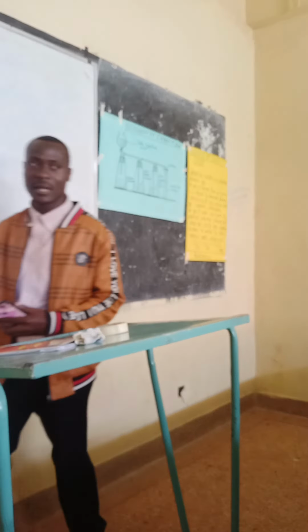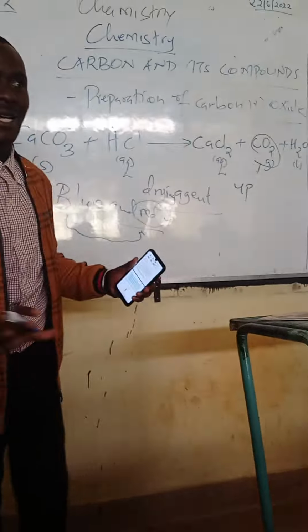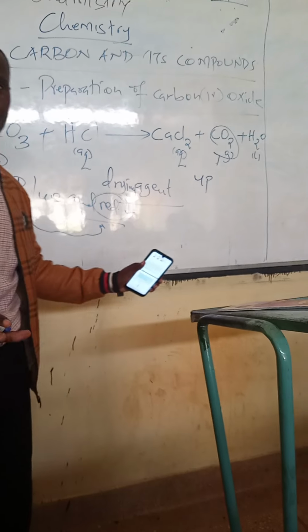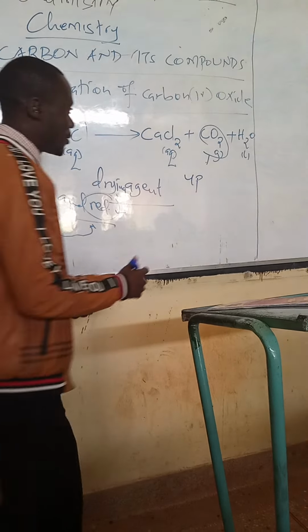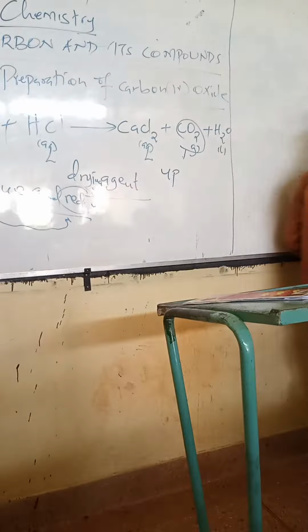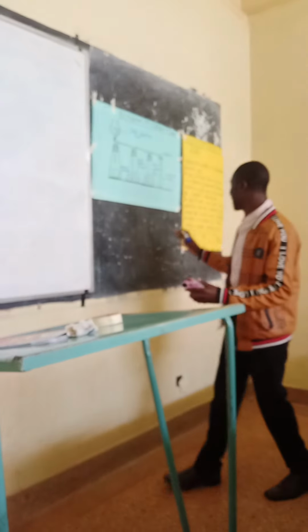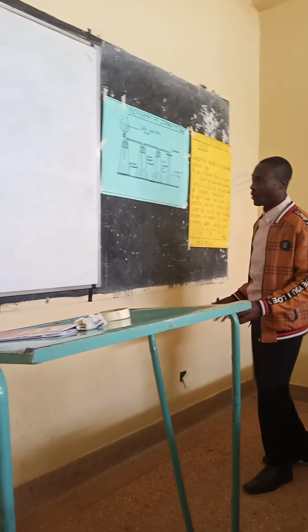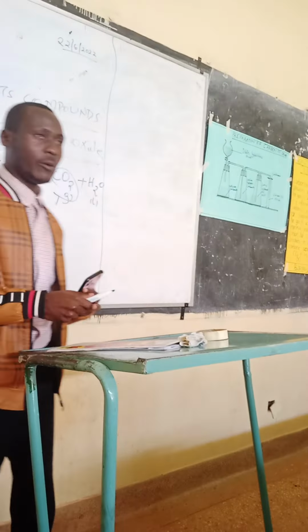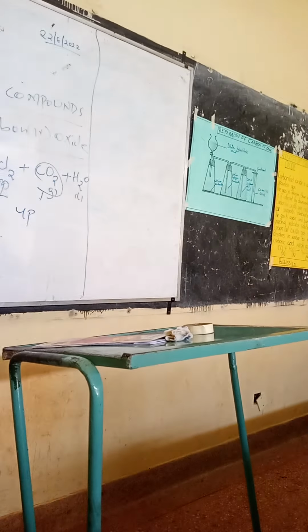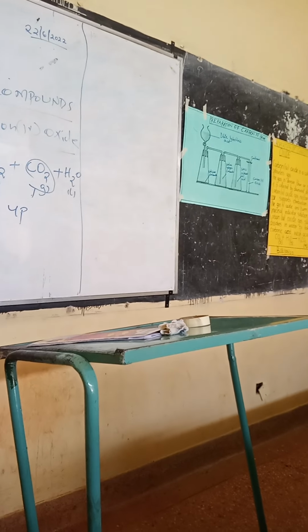Does this gas support burning? This gas neither supports burning nor combustion. So in other words, this is our carbon dioxide, because these are our respective properties. Now, class, today we've learned how we can prepare carbon dioxide.